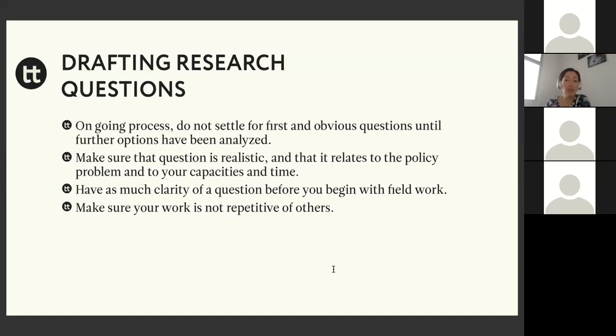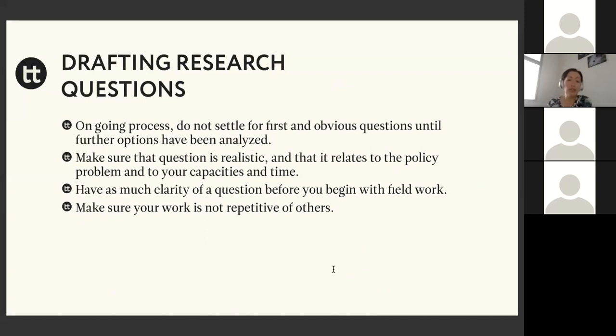We also want to make sure that the questions are realistic and that they are related to the policy problem. That's the whole purpose of why we are understanding policy problems, but also that we take into consideration our own capacities and the time we have. We shouldn't put forward research questions that are too complex if we only have 3 months to work on it, right?